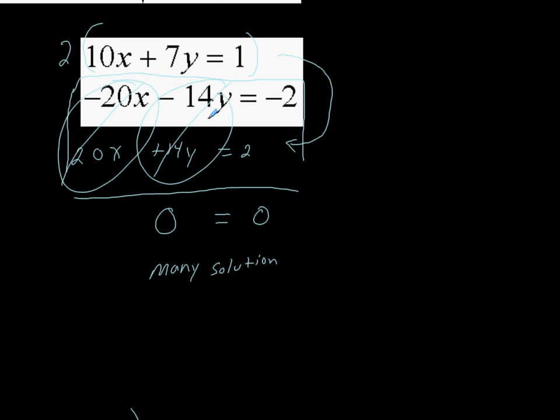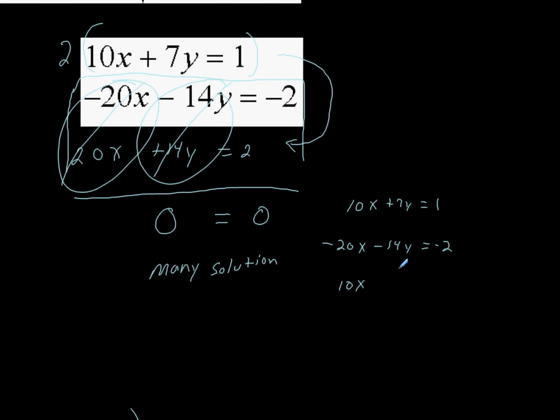Now how do I know that? Well, let's rewrite these and look at them. You have 10x plus 7y equals 1. Let's look at the next one: negative 20x minus 14y equals negative 2. What if I divided every term by negative 2? Negative 20 divided by negative 2 is 10x.